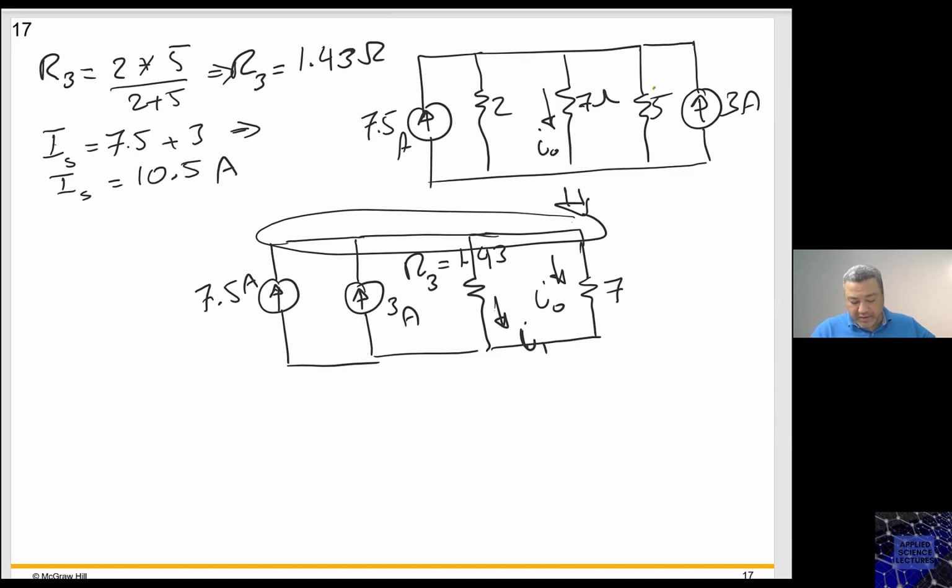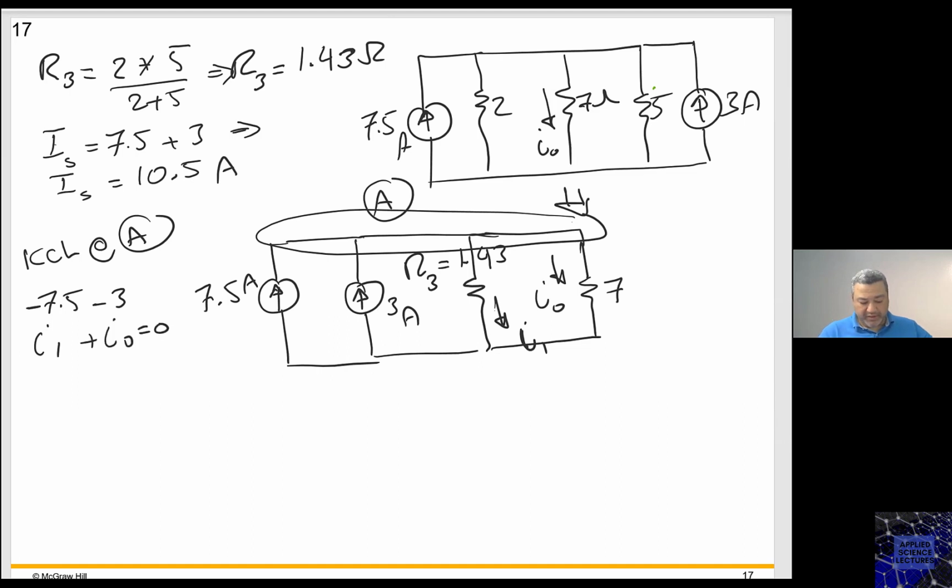Take a KCL, call this one A, at A. So you have 7.5 entering minus 7.5, you have 3 entering minus 3, you have I1 leaving, you have I naught leaving, equals 0. What does this mean? Look at the 7.5 and the 3. They are adding. So the result here is minus 10.5 plus I1 plus I naught equals 0.